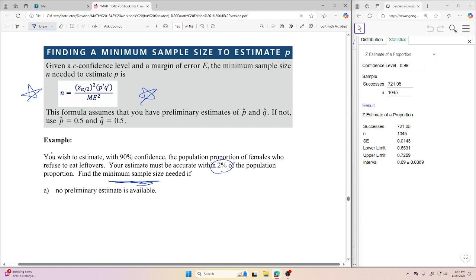I want to go on the news and say, hey, look, this many people don't like leftovers. So how do I go about doing that? How many people do I need to survey? Does it make sense? Do I survey 10? Is that good enough? Magic number 30, right? Maybe a little bit more, and that's what we're going to find out here.